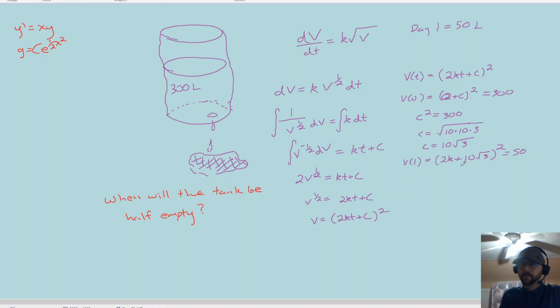So take the square root of both sides, square root of 50, that's 5 times 5 times 2, so 5 square root of 2 equals 2k plus 10 square root of 3. Subtract 10 square root of 3: 5 square root of 2 minus 10 square root of 3, over 2, equals k.